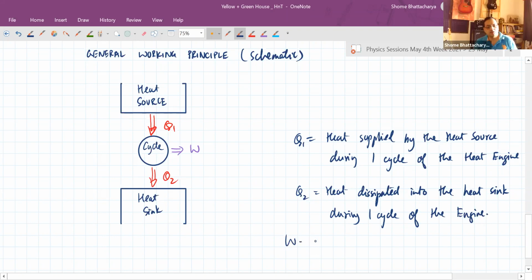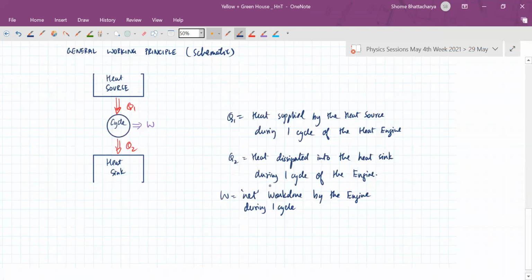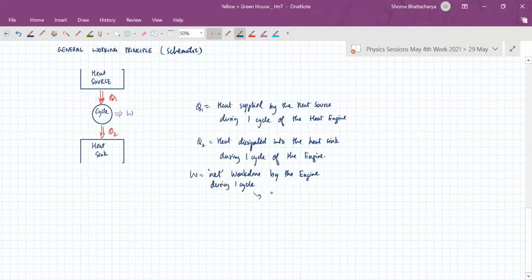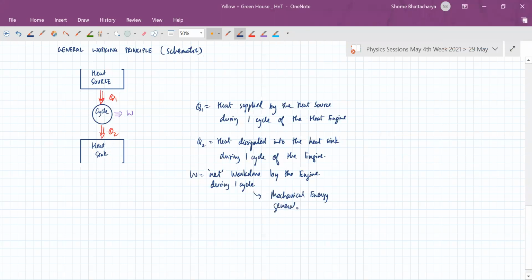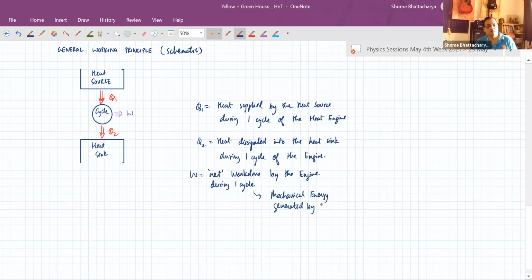And W is the net work done by the engine during one cycle. So you can also say that the work done is equal to the mechanical energy generated by the engine per cycle.